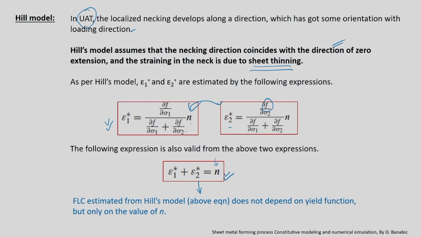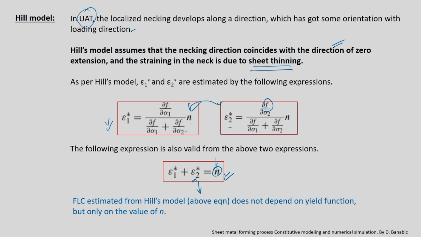Now, as per this equation, you can simply say that your FLC estimated from the Hill's model does not depend on the yield function. Though you are using the yield function here, finally it is going to depend only on the n value. The equation epsilon 1 star plus epsilon 2 star equal to n is going to cut your y axis at the n value.